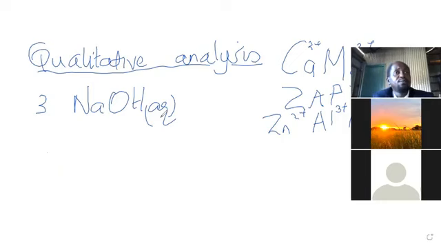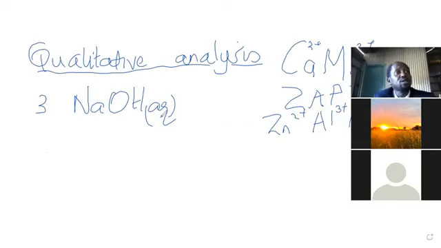And there you would have ZAP: zinc ions, aluminium ions, lead-2 ions. And of course, for sodium hydroxide, there are what we had previously mentioned, copper 2, iron 2, and iron 3.